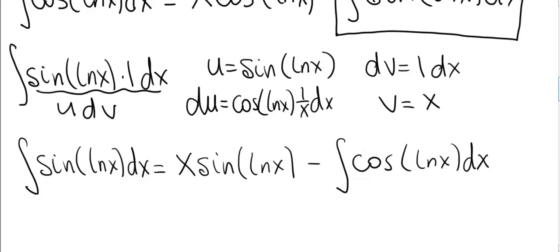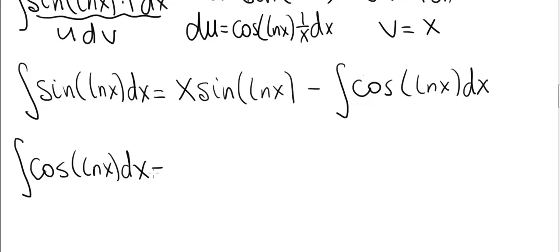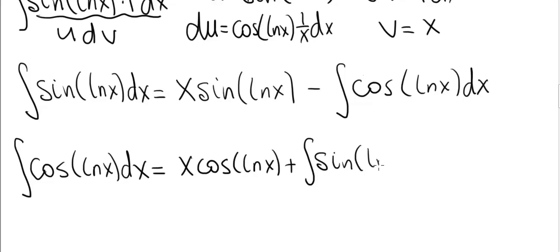And let's put everything together. We started wanting to find the integral of cosine ln of x. We applied integration by parts once and got x cosine ln x plus the integral of sine of ln of x. We then applied integration by parts to the integral on the right and got the following.